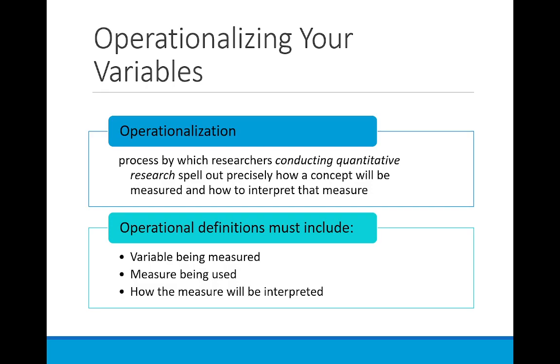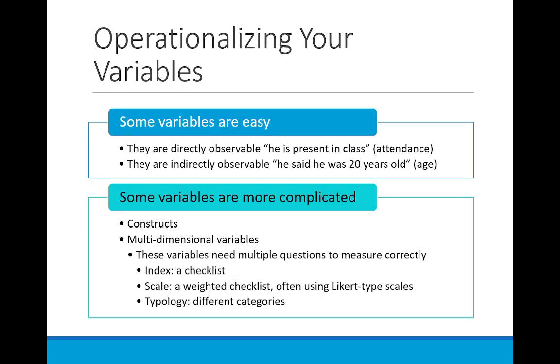And so this has to include what it is that we're measuring, what the measure is that's being used, and how it will be interpreted. And usually we set up mild and moderate and severe classifications for conditions. That's part of the operationalizing process.